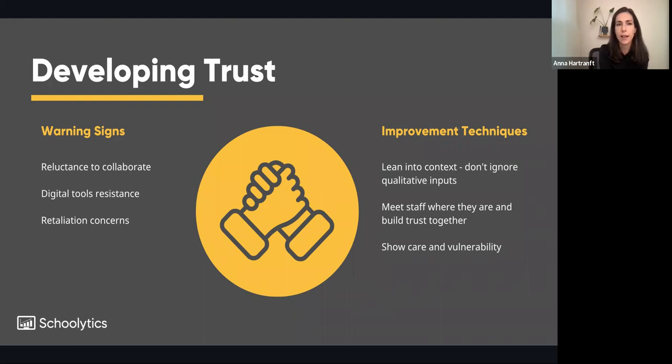So I think there's trust between staff. I'd started talking about earlier, trust between students and teachers. There's trust at every level of relationship. And I love when transparency around data is there, because that fosters trust. Yeah.